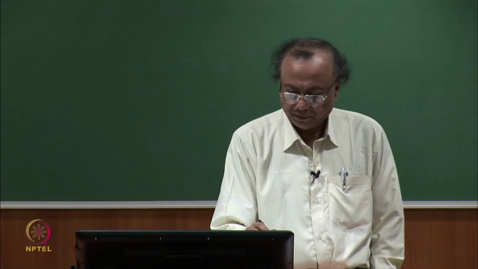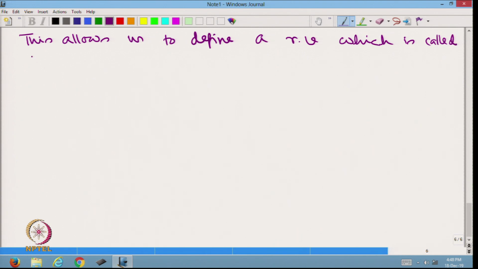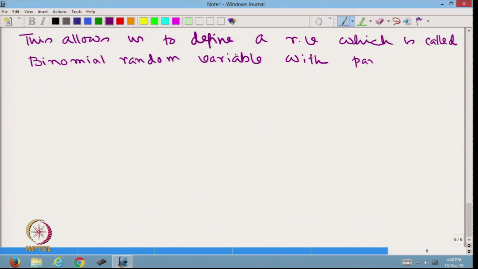This allows us to define a random variable which is called binomial random variable with parameter p.